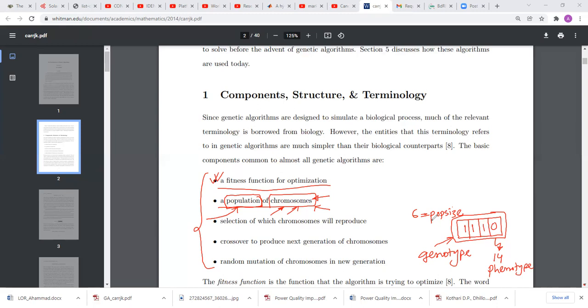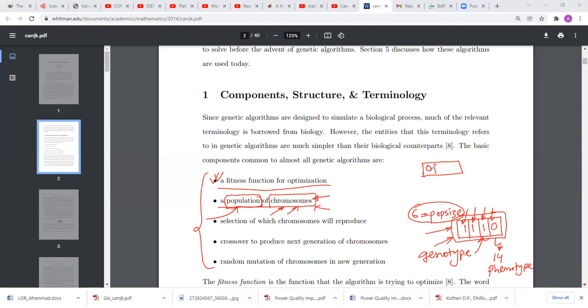Okay, so how are we going to generate, let's say, 6 chromosomes in the population? Simply for each bit or each gene, we are going to toss a coin. Either it would be a 1 or a 0. For each chromosome I have to toss it 4 times.